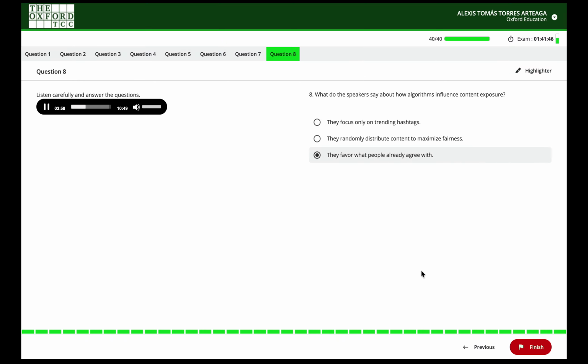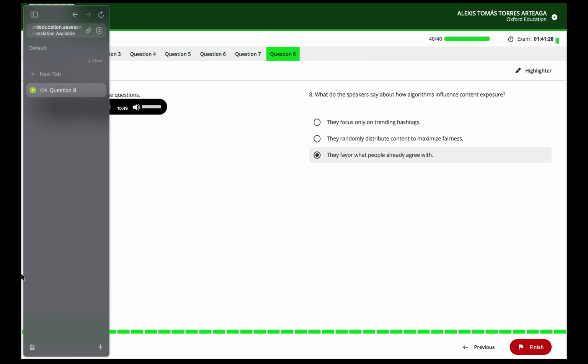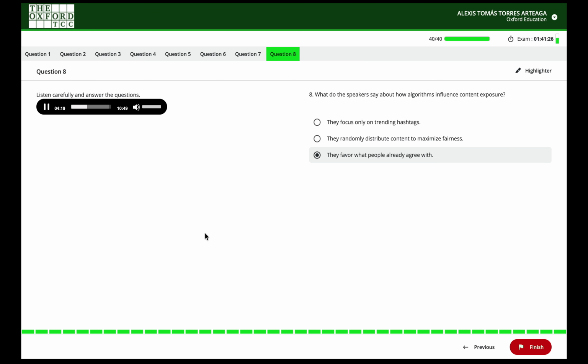These platforms are designed to maximize engagement, which often means promoting content that provokes outrage or fear, emotions that are highly shareable. Unfortunately, this doesn't just spread misinformation. It also deepens societal divisions. By prioritizing clicks over clarity, social media companies have inadvertently become architects of polarization.